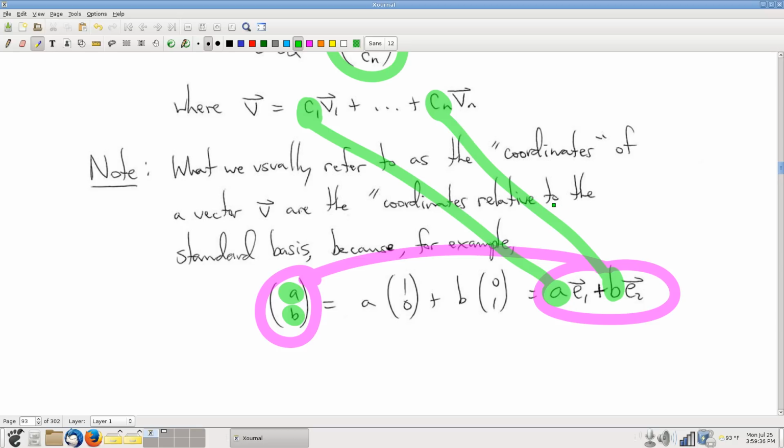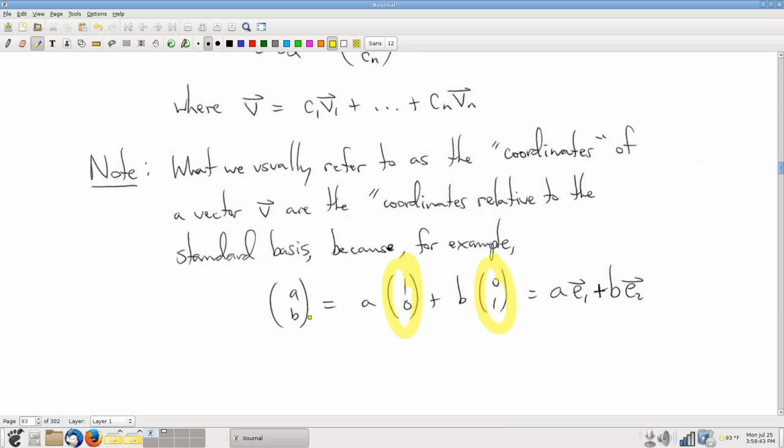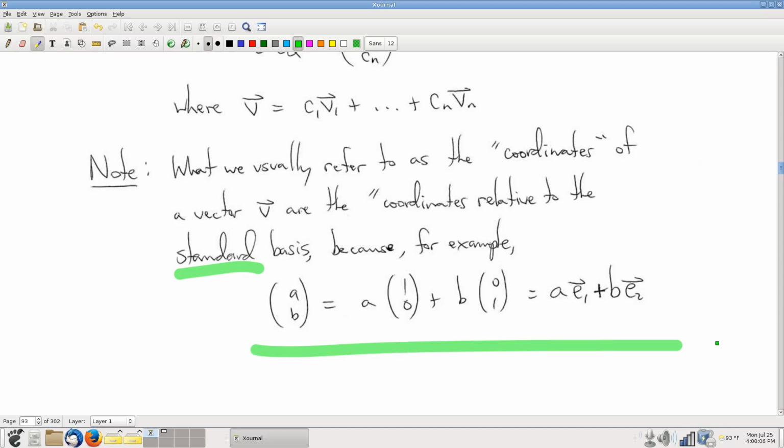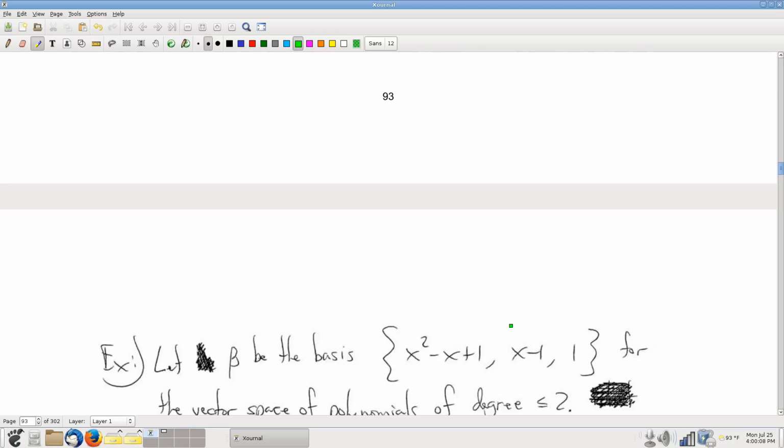So this basis is the unique basis that has this property that the coordinates with respect to that basis are the classical coordinates of the vector. So thus making it a great choice for a basis, and that's why we call this the standard basis. It's a basis because of satisfying the requirements for being a basis. It's the standard basis because of this wonderful convenience. Okay. All right, so that's a digression.